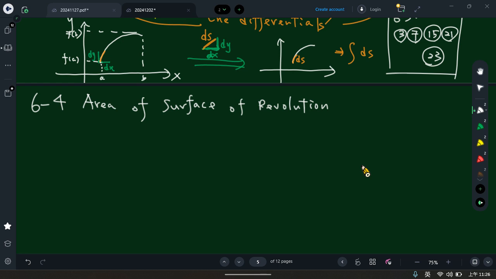Then you revolve the curve around the axis of revolution, then you can get the solid, right? In section 2, we were talking about the volume, but this time we are talking about how to get the surface. Okay, so there are two ways to define the surface area.